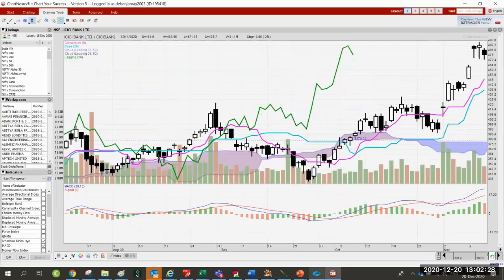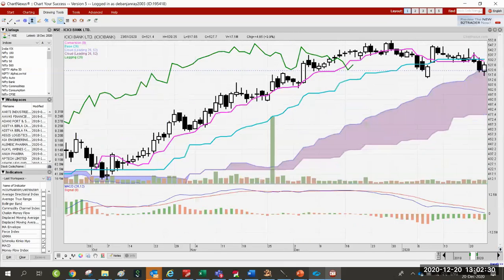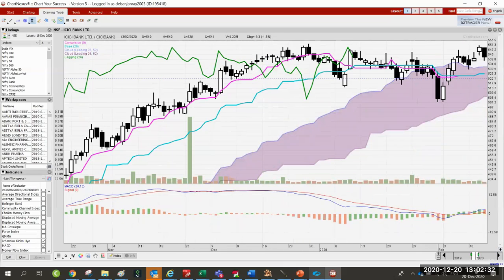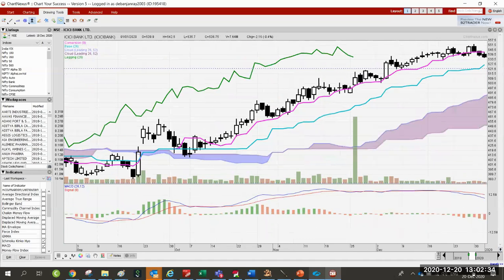Now let's go for a typical uptrend stock that then goes into a downtrend. You can see that this portion of ICICI Bank was typically an uptrend. It is an uptrend stock because the price is continuously above the K line, and the price is also above the T line. In fact, here the T line acts as a support line for the price.